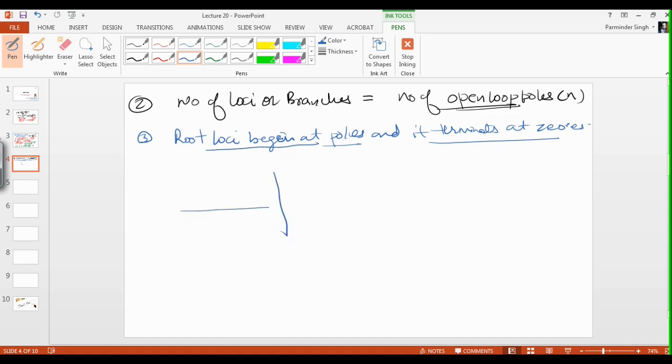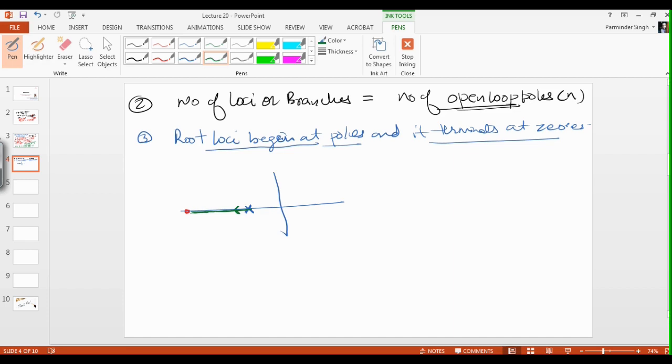Suppose this is the complex plane and somewhere here we have one pole and there is one zero on this real axis. Clear? So that means the root locus will emerge from this pole and it will terminate at this zero. It will move towards this zero.